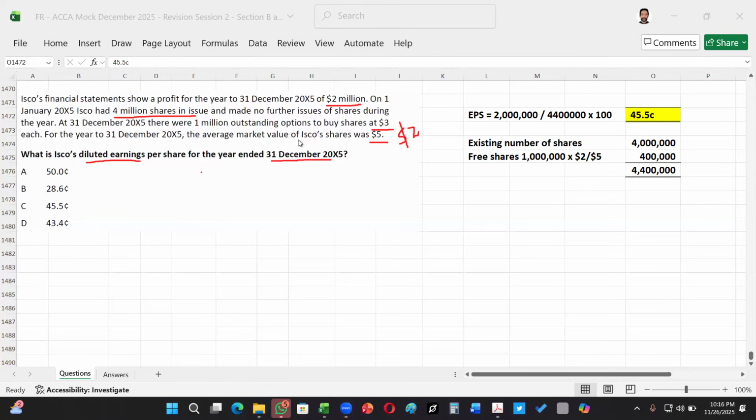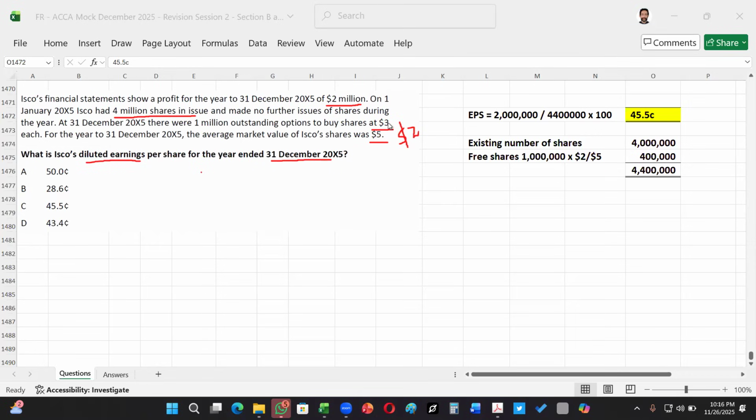When you want to have those shares, the company is offering the shares at $3. If you want to exercise and buy those 1 million shares through that option, you only have to pay $3, when the real market price is 5. So what is the free element? It is $2 per share.